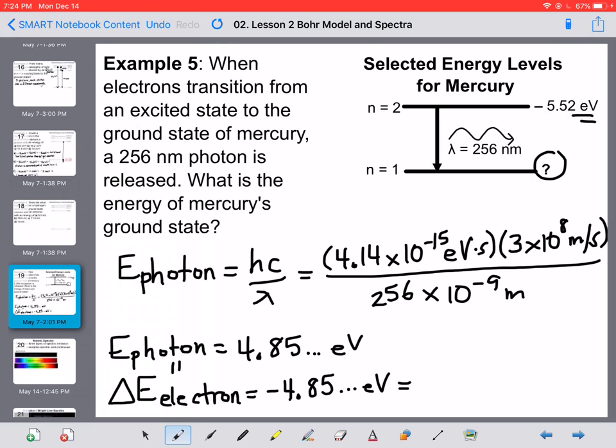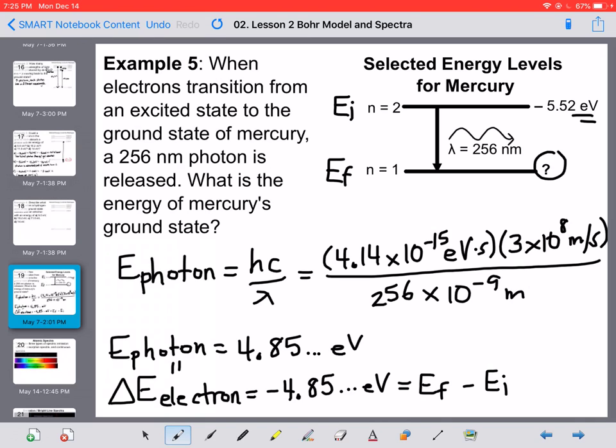So the change in energy for the electron is the final energy minus the initial energy. Final energy is always the energy that you end up at. So because here the electron started at level 2, the energy of level 2 is going to be the initial energy, and it ended up at level 1, so the energy of level 1 is going to be the final energy.